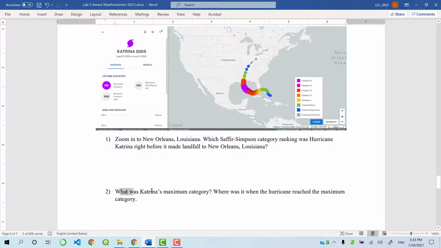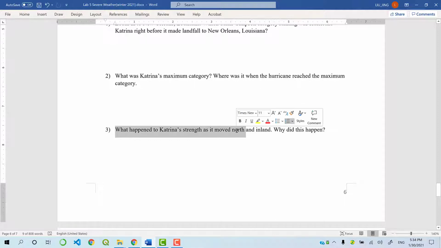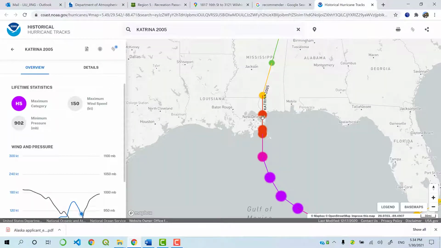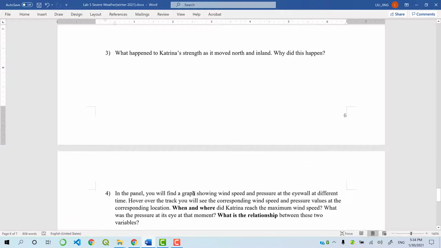What was the maximum category and where was it? And what happened to Katrina's strength as it moved north inland, and why did this happen? The strength is decreasing. Why? Think about what the energy source for hurricanes is.